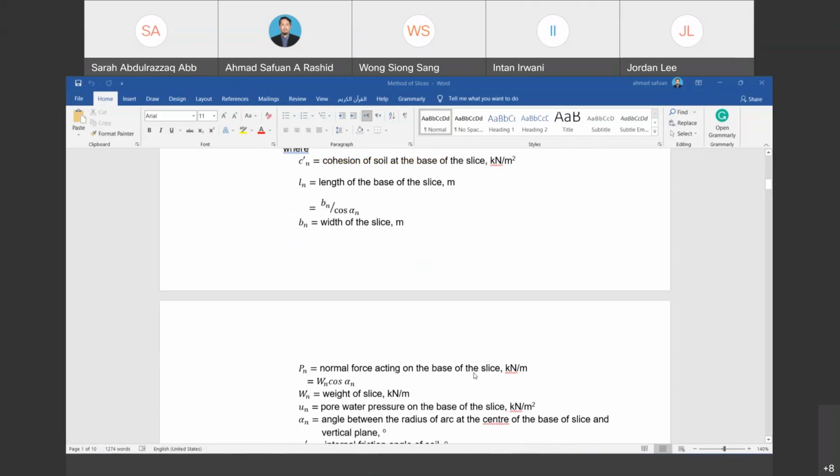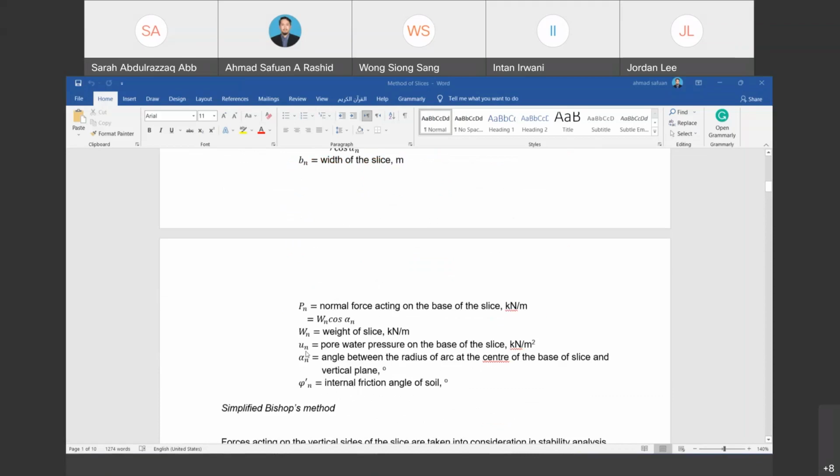P is the normal force acting on the base of the slice, which in terms of alpha becomes W cos alpha. Then we have the pore water pressure. The rest is the same, where we use the alpha and also the P value. So that is for the Fellenius.